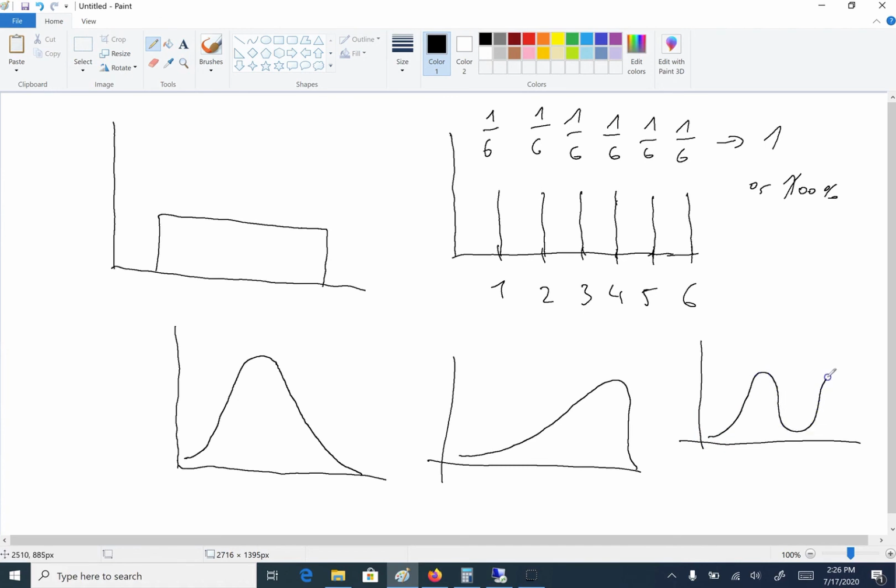It has 2 peaks, and its minimum is right near the average of the measurements. So these are the skewed, uniform, and bimodal.